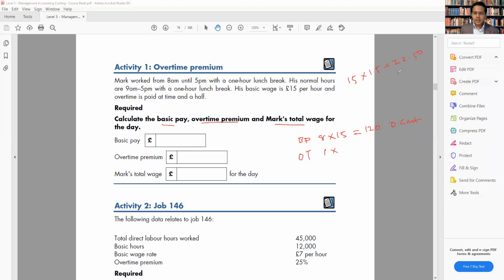If I minus the basic 15, the extra overtime payment I get for 1 hour is 7.5. That's my indirect cost. So 120 plus 7.50 is 127.50.